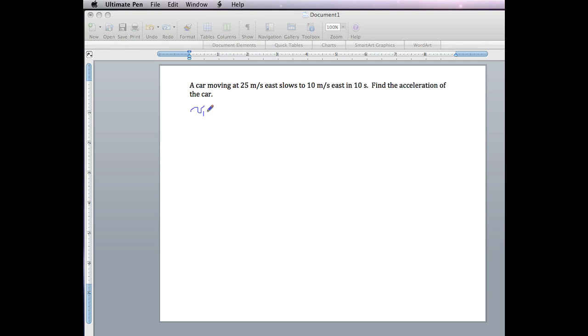The initial velocity, we'll call v sub 1, is 25 meters per second. The final velocity, we'll call v sub 2, is 10 meters per second.